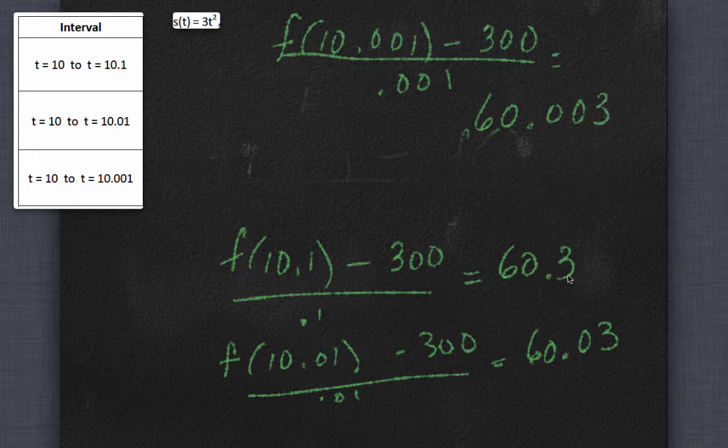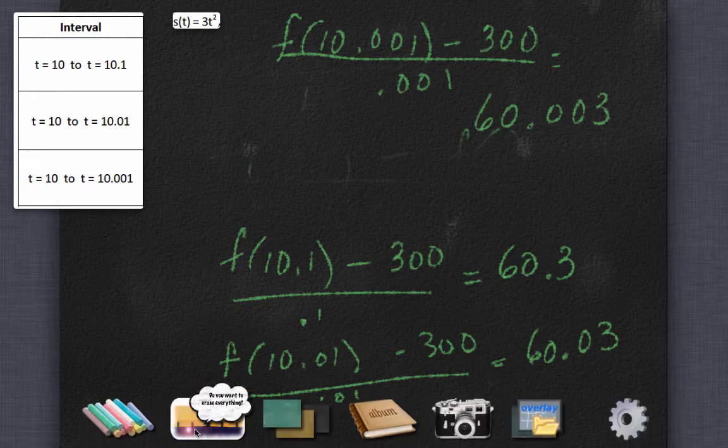So we started with 60.3. We next went to 60.03, then 60.003. We can probably guess if we went 10.0001, we'd get 60.0003, and so forth. So the closer I get to 10 for my second t, the closer the average rate of change gets to 60.